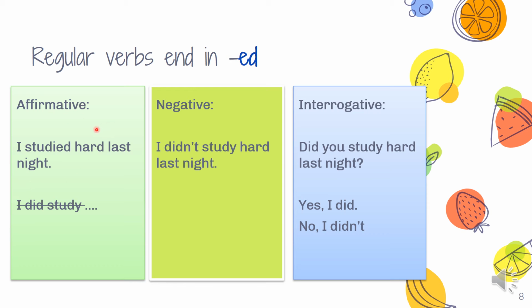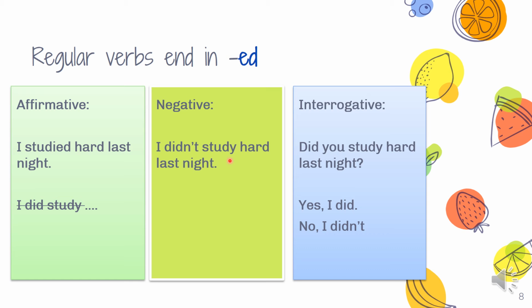This is an affirmative sentence where you have to use the main verb in simple past tense. What happens in negative? Well, let's see. In negative, this happens. I didn't study hard last night. Well, when you have the auxiliary didn't in a negative sentence, the main verb remains in infinitive with no change.